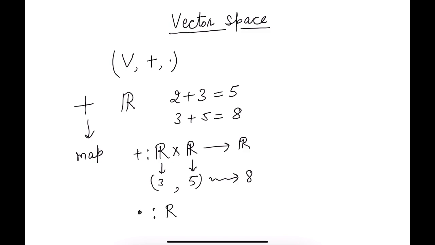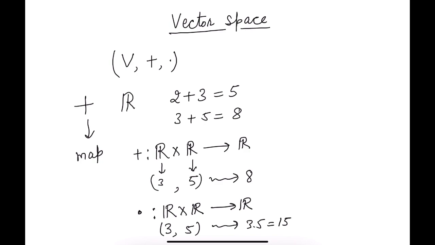It maps from R cross R to R. The ordered pair 3, 5 belongs to R cross R, and the dot operation, the multiplication, maps it as 3 dot 5 is equal to 15.